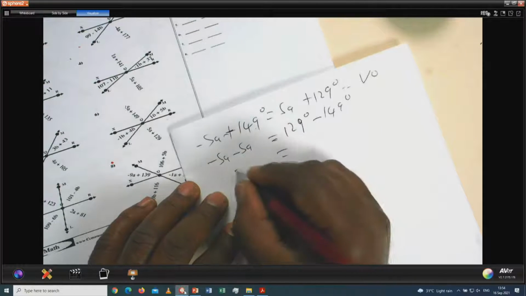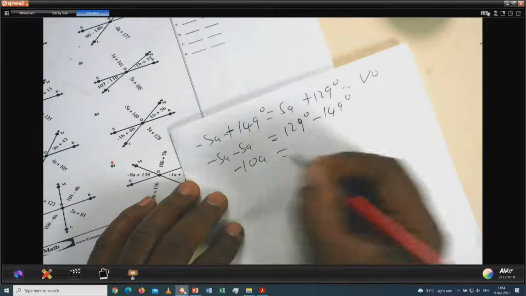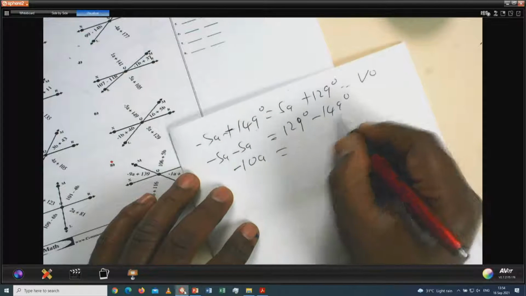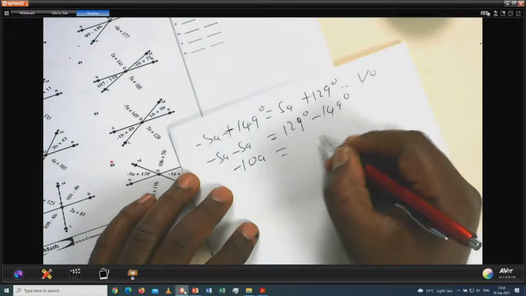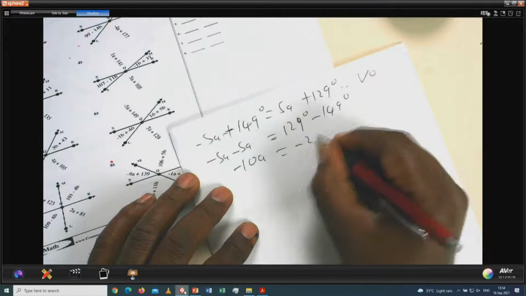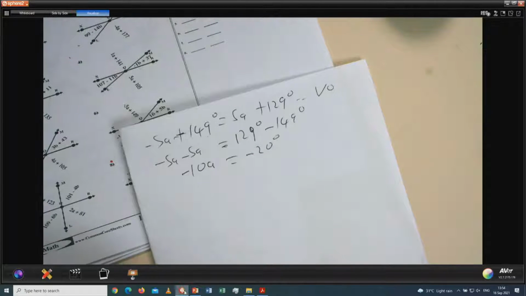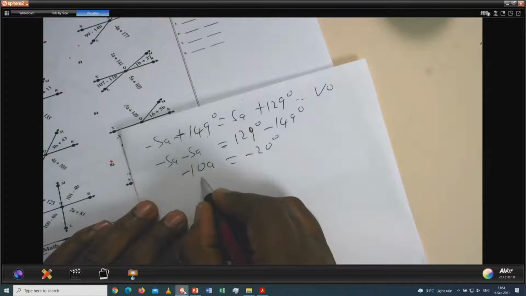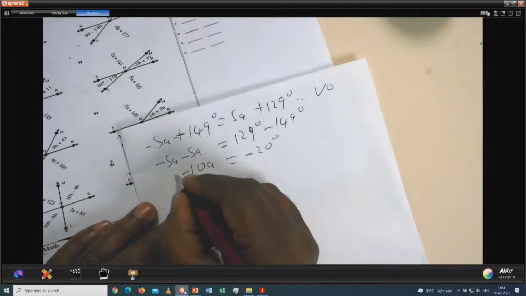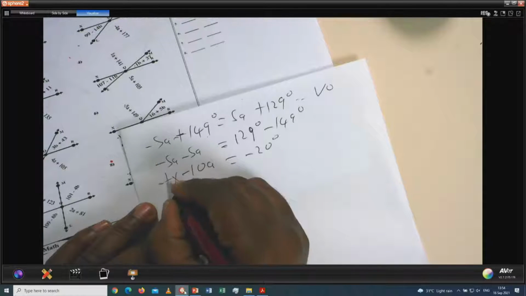Negative and a negative, it becomes more negative, 10 times. You add this to this negative to reduce. Once more, we are interested in an A, we multiply by minus 1 over 10.